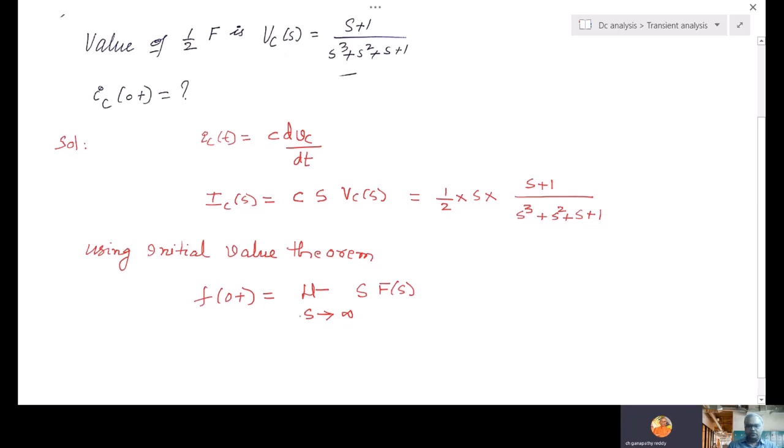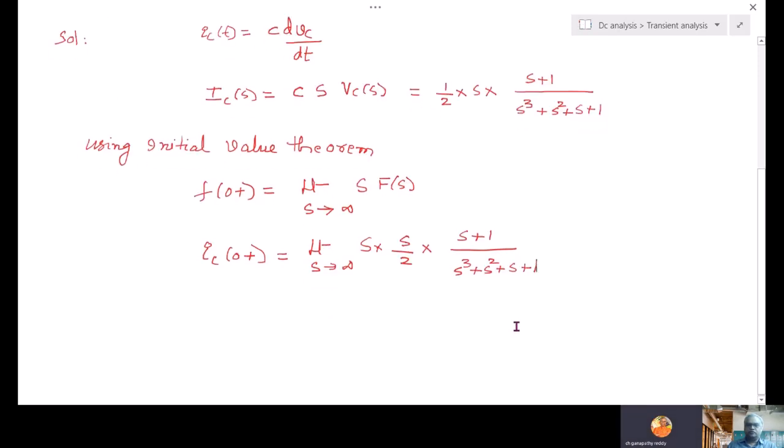So these properties you studied in Laplace transform. But here we want IC 0 plus equal to limit s tends to infinite s into IC of s. So what is IC of s? It is s by 2 into s plus 1 by s cube plus s square plus s plus 1.